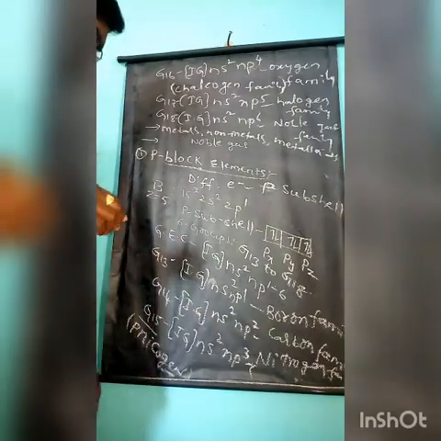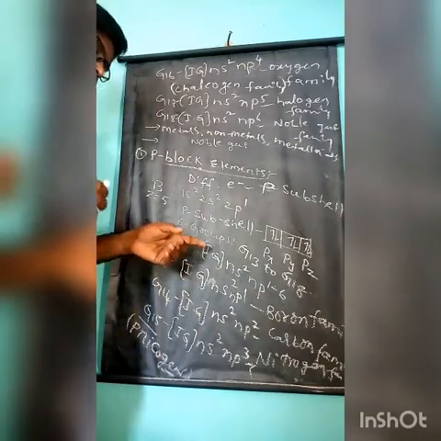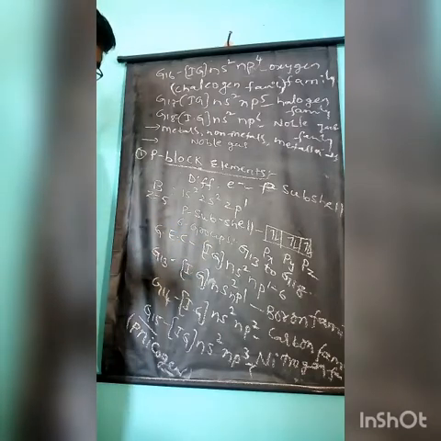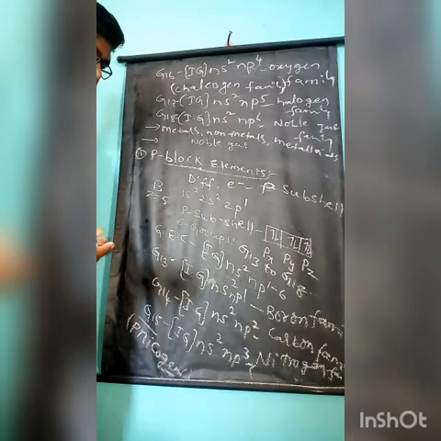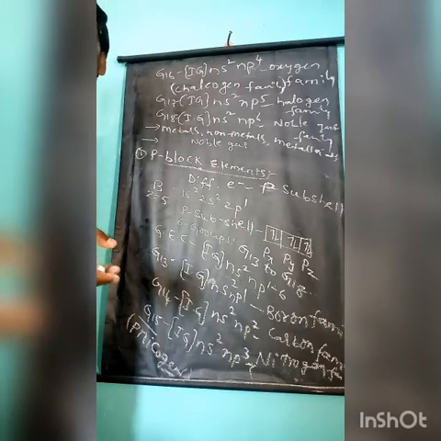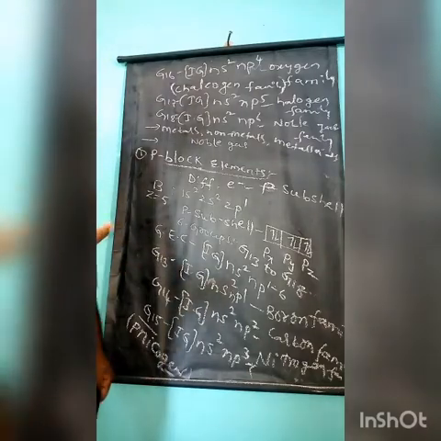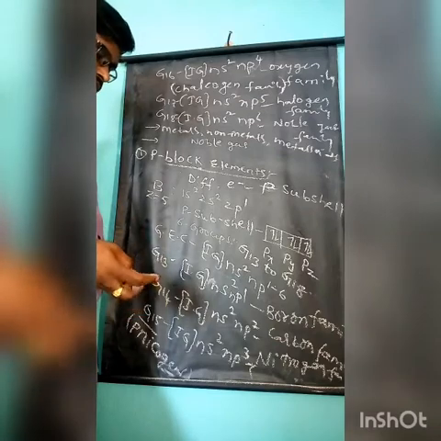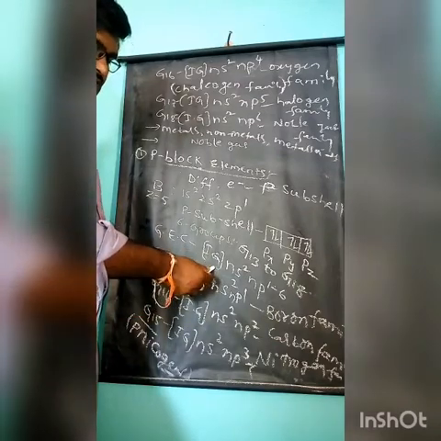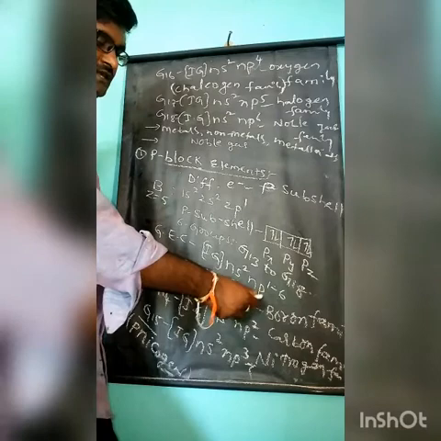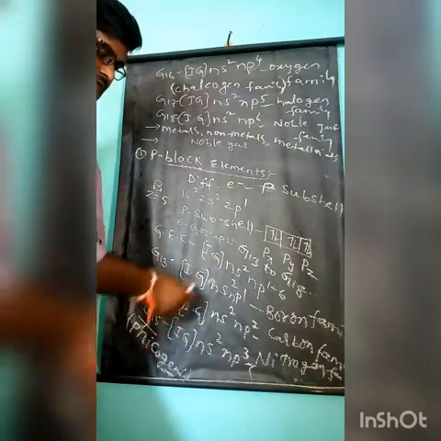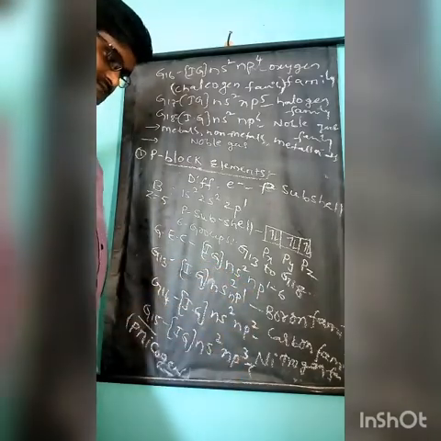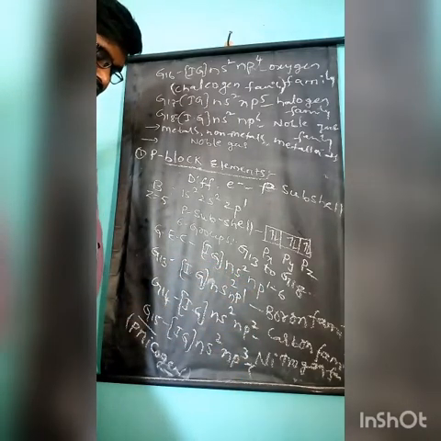Next point, the general electronic configuration of p block elements is inert gas ns2 np1 to 6.